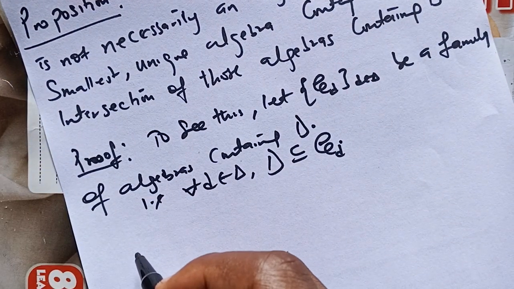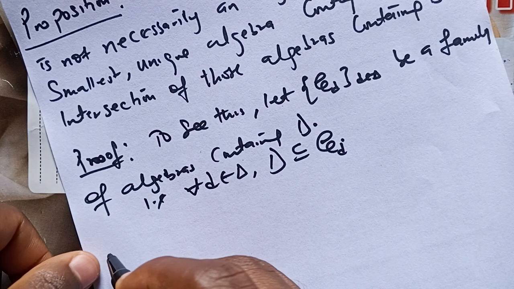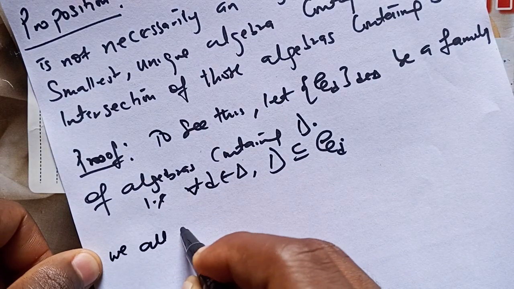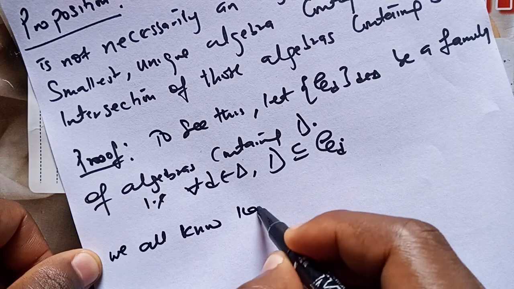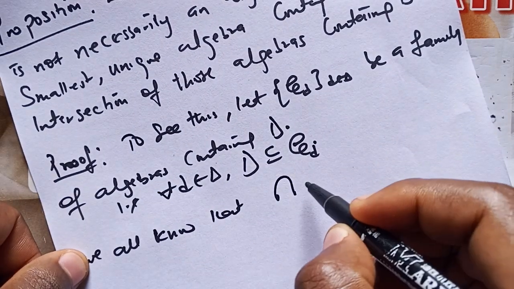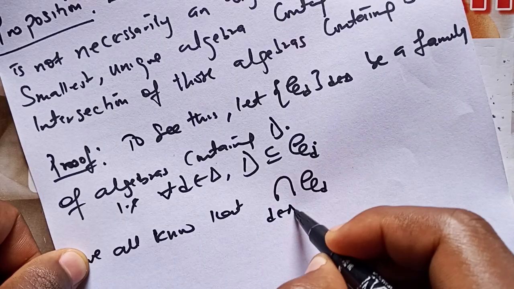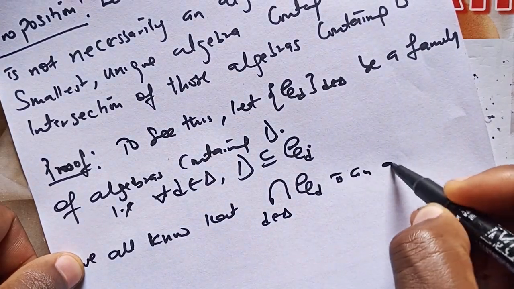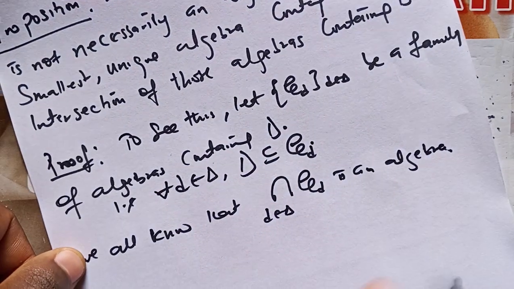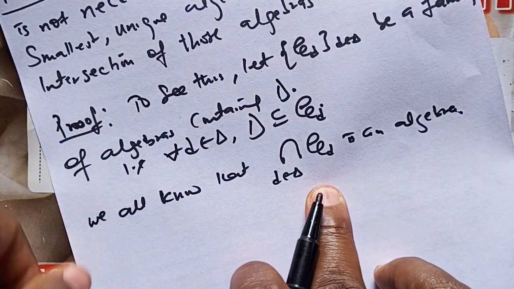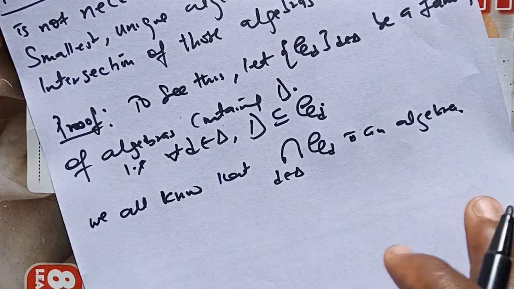So we all know that the arbitrary intersection of algebras is an algebra. Okay, so we know that the arbitrary intersection of this family will still form an algebra.